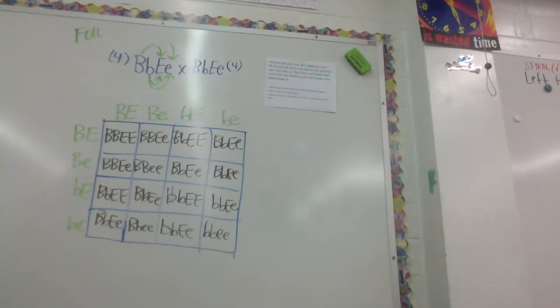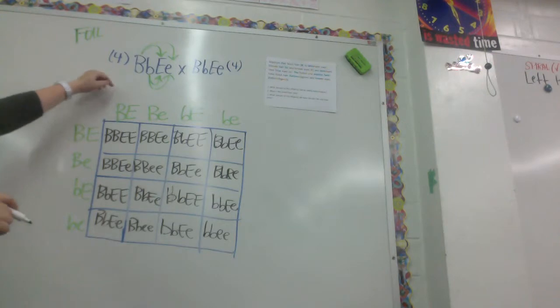Alright, so now let's answer our questions. What percent of the offspring will be totally heterozygous? So we are looking for something that has a capital B, lowercase b, capital E, lowercase e, just like our parents' genotype. So let's look.